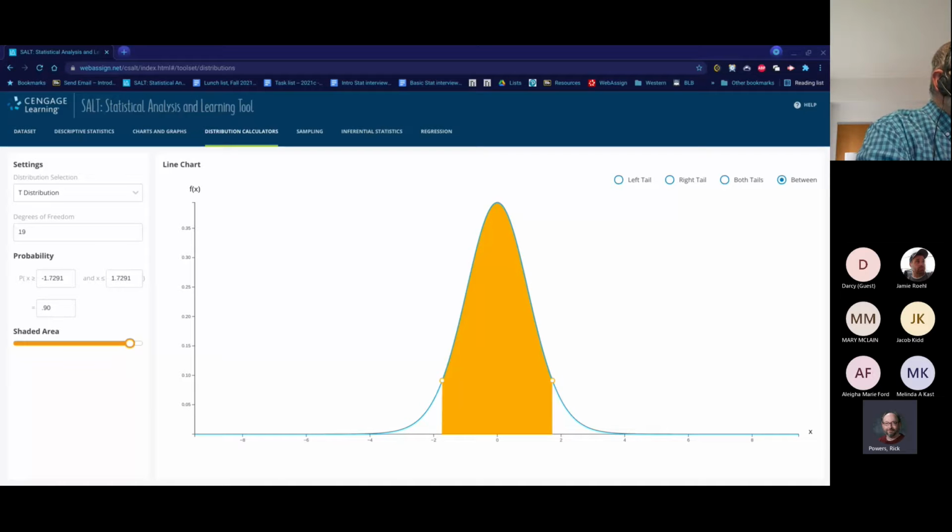Sample size of 20, a mean of 84, and a sample standard deviation of 8. So we'll start with an A here. Find the 95% confidence interval for this.